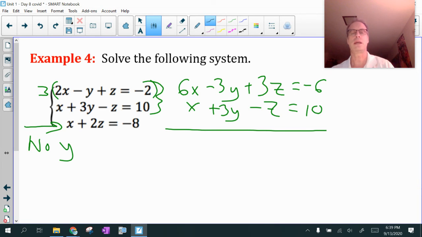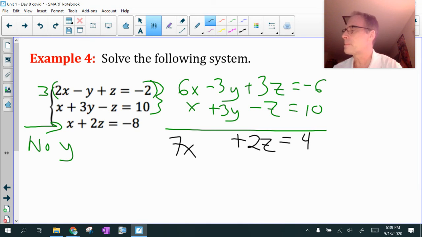And let's add down. 7x plus 2z equals 4. Okay, still good. Hopefully we're comfortable on this. Going once, going twice. Anybody with anything? Well, guess what? You're not here to ask questions, so I'm going to move on.